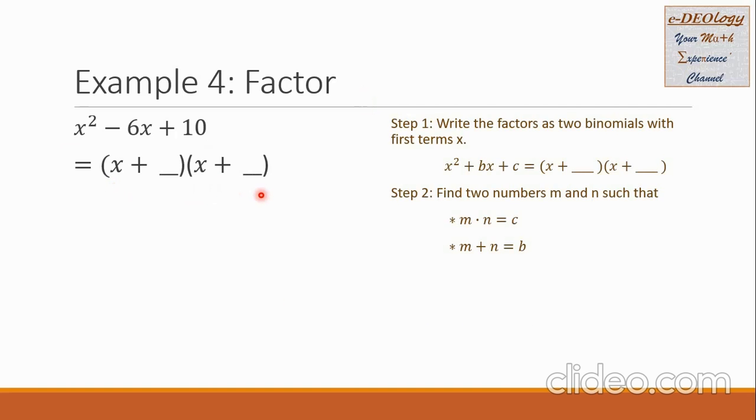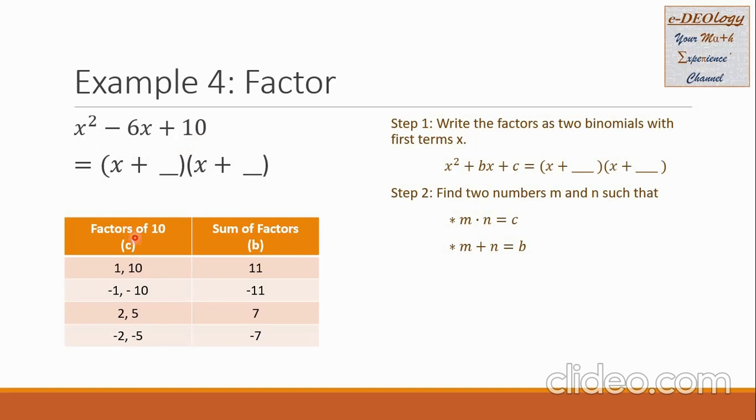Step 2, let us find two numbers m and n, the factors of 10, such that later on we will add them to get the value of b. So in this column, the factors of 10 are 1 and 10, negative 1 and negative 10, 2 and 5, negative 2 and negative 5.